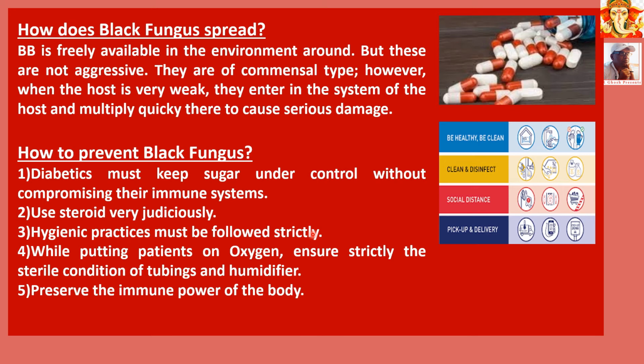Though it is not contagious, these hygienic practices will help. While putting a patient on oxygen, ensure strictly sterile conditions of tubing and humidifiers. Number 5, preserve the immune power of the system. Our own body's immune system must be preserved. Otherwise, if it gets very feeble, they will attack.